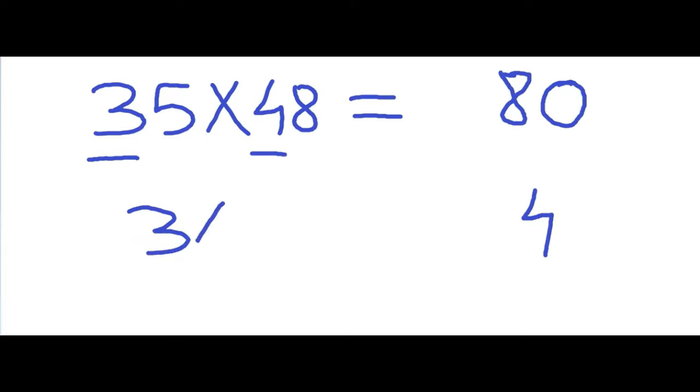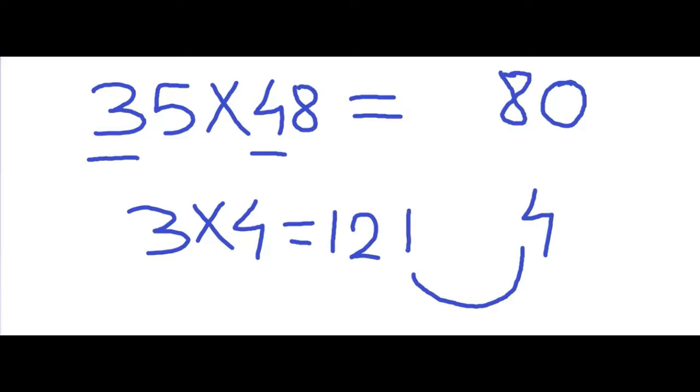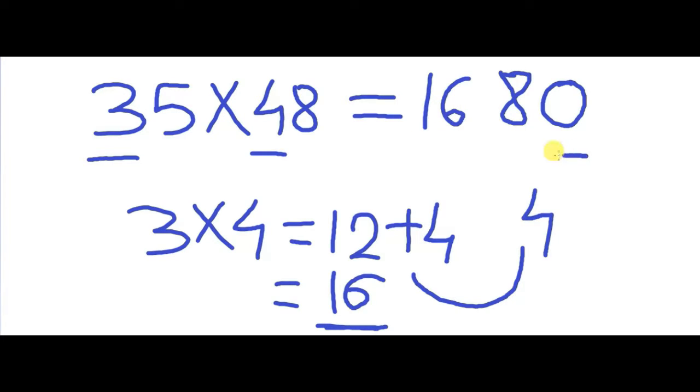So 3 into 4 is 12 and add the carry from previous step 4, we get 16. So write down this 16 directly into answer. So that is our final answer. We calculate this answer in very few seconds and in very few simple steps.